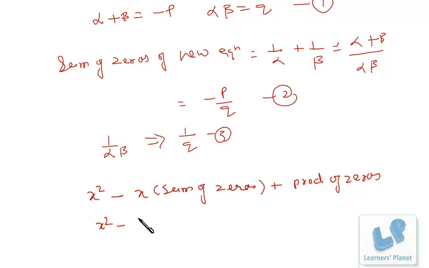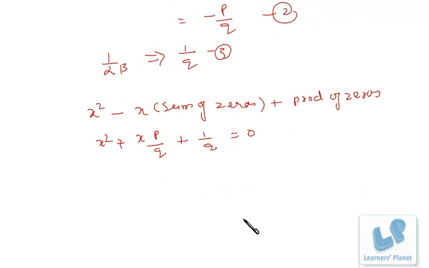Now x square minus x, the sum of the zeros was minus p by q, so it's plus x p by q. Similarly, the product of the zeros is 1 by q. I just put 1 by q over here, and that's the quadratic equation, right? So precisely it is qx square plus px plus 1 is equal to 0 if I take the LCM, right?